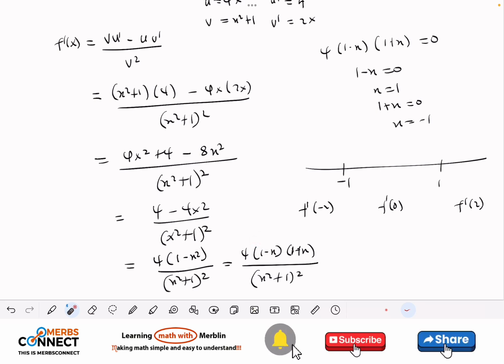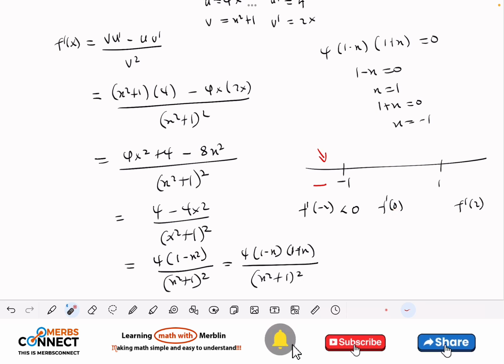Minus 2, minus, no, 1, minus will be positive, right? And then this one too is going to be minus, so it's going to be negative. So this one should be less than 0. So this one is going to be negative, and we are going to decrease.